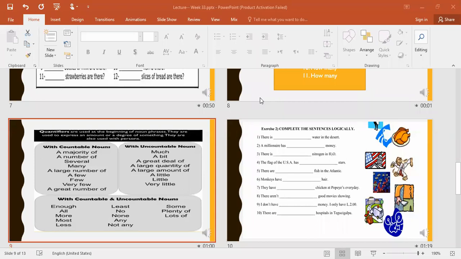I only have, yes, Gabi. I don't have enough money. Excellent. There are hospitals in, I couldn't read the name of this country. Hospitals is countable. Yeah, several, yeah, few. Many. Both of them are correct. Okay.